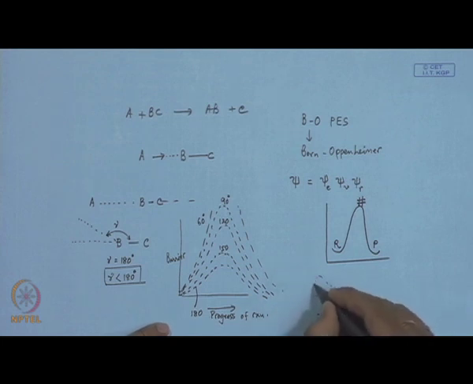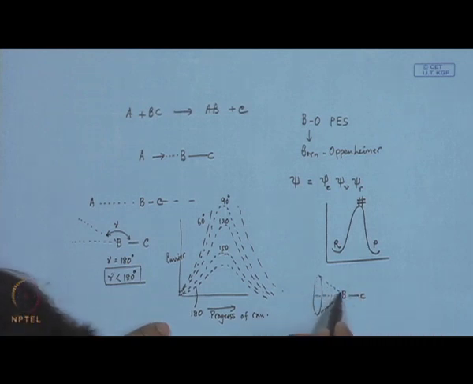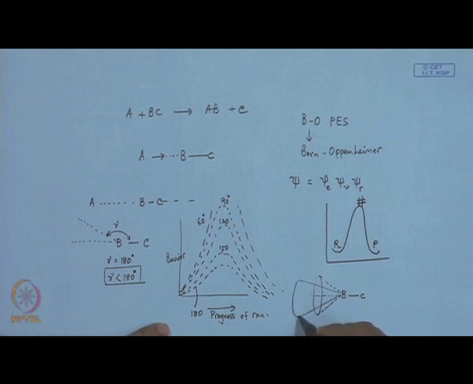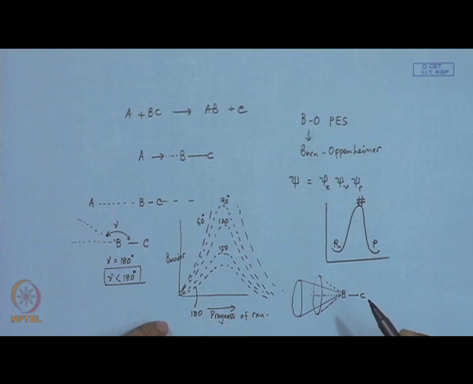Okay, so this is your cone of acceptance. Okay, the cone of acceptance may change. So that means here more energy is required to overcome the barrier, and barrier height is also more.